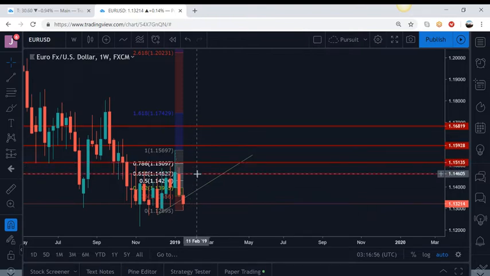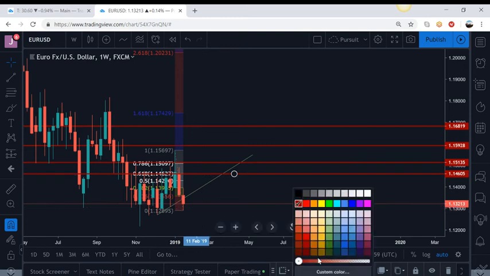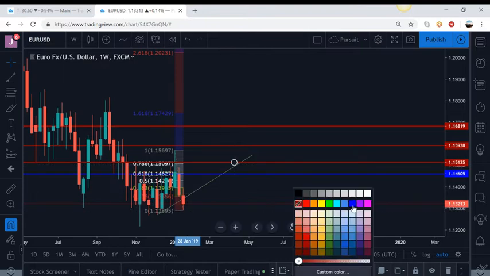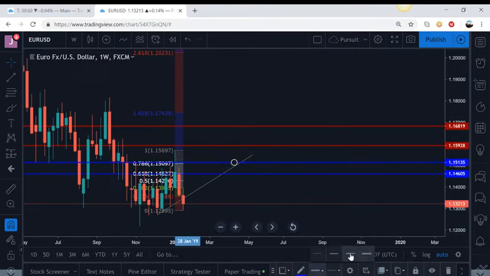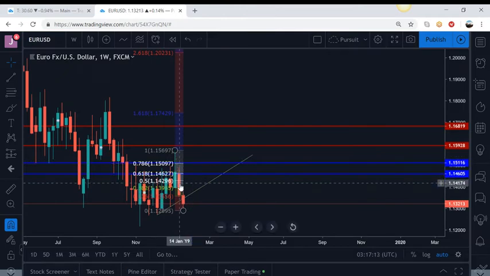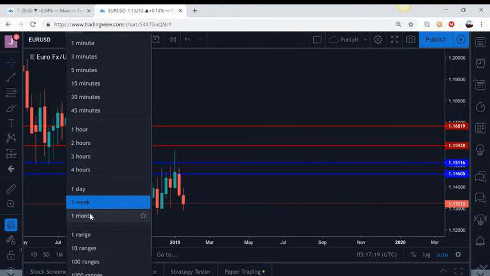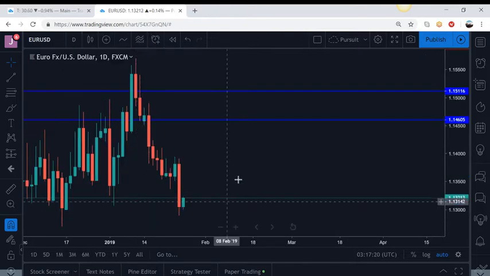We're going to identify the levels that we've just showed here. And I'm going to make these smaller because they're the weekly, and I'm going to put them on the chart too. All right, this gives me a bias, and we're going to go down to a daily chart.